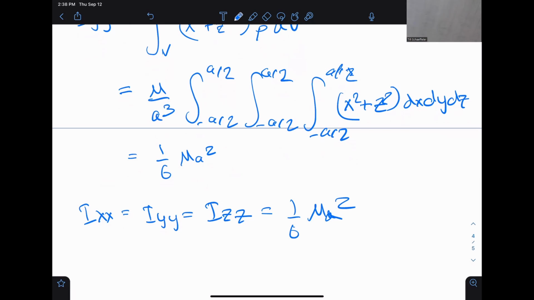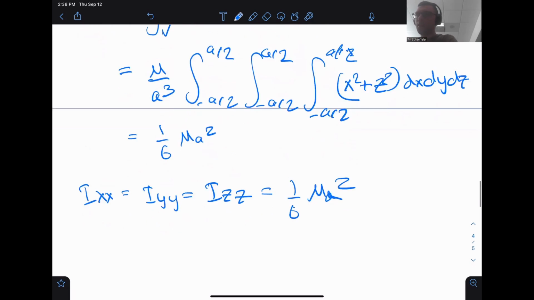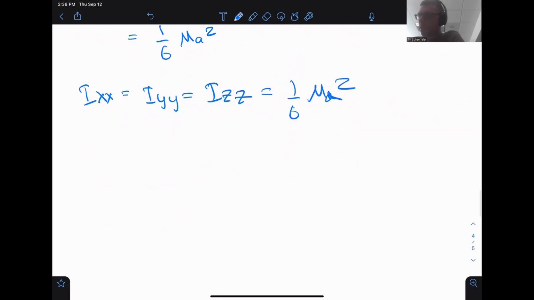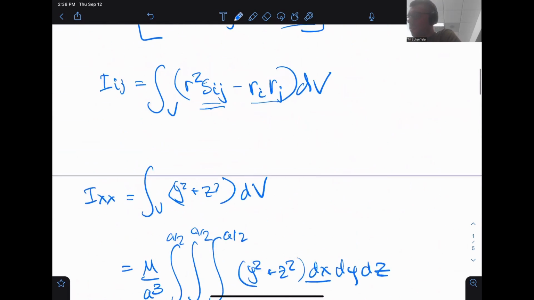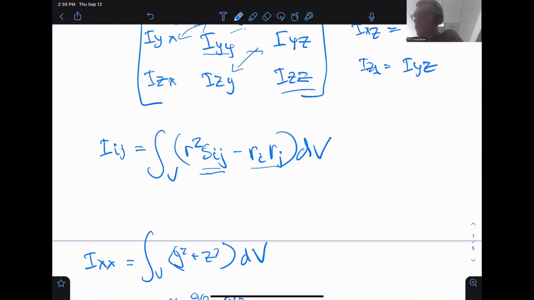Now we have to solve the off diagonal elements. Remember that Iyx is equal to Ixy. Let's go back up to the formula. This time i is not equal to j, so we don't have the r squared.